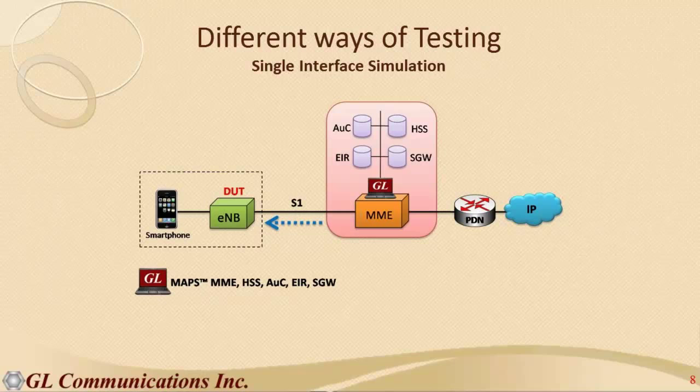So we are providing only the MME, which is going to simulate only the S1AP interface, where, as you can see in the diagram, the MME is embedded with all other entities called EIR, SGW, HSS. So it's a single application where you can test your eNodeB with the GL product acting as an MME, with only single interface simulation, that is S1AP.